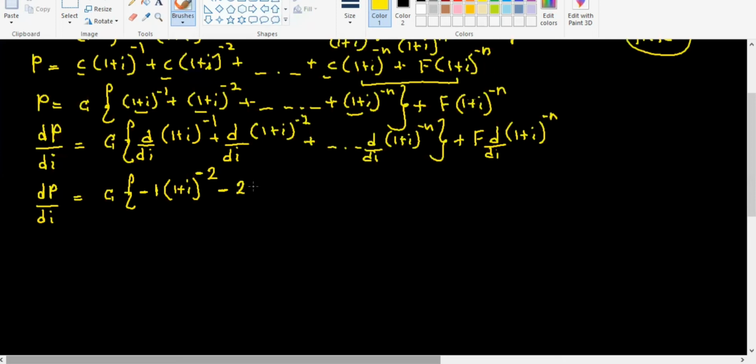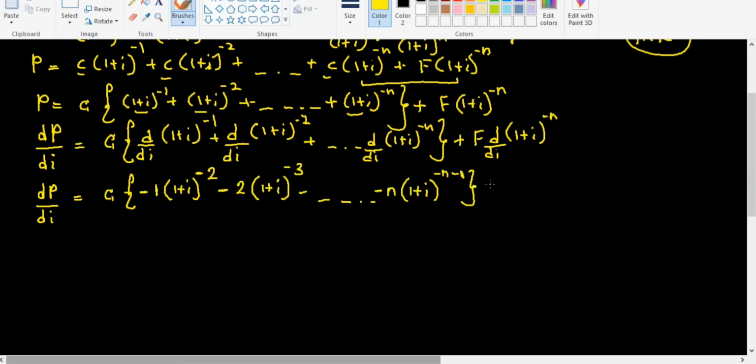Then it becomes negative 2 into (1 plus I)^-3. Likewise, until the nth payment, minus n comes in front, and then we are left with (1 plus I)^(-n-1). So this is how it is done.